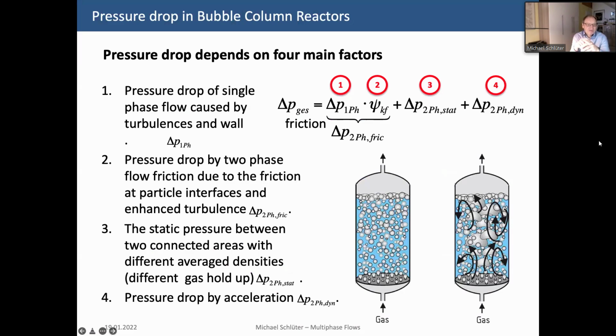Expansion might be due to the decrease of the pressure. If the bubble is rising, pressure decreases, and the bubble might expand, and this means the bubble presses more liquid away through the distance between the bubbles, or we might also have evaporation, and this also, of course, increases the two-phase pressure drop.